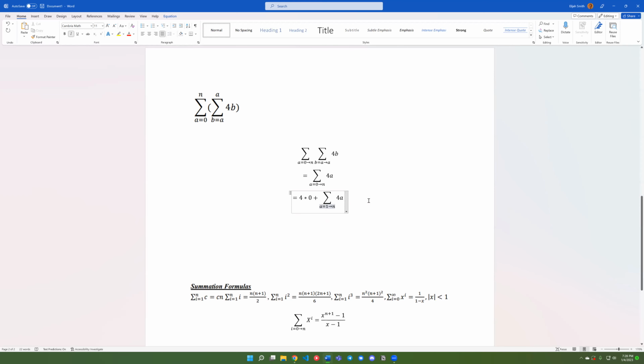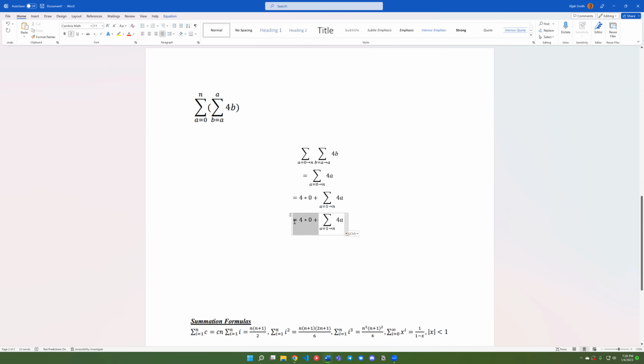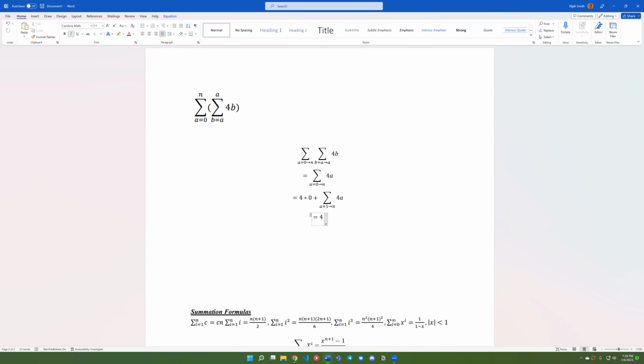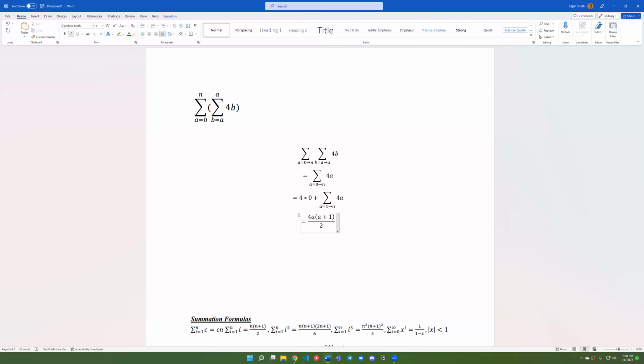So in our next line here, this in front gets taken out. I'm going to take the 4 and put it in front since it's just a constant. And then we go ahead and use our summation formula here: n times n plus 1 divided by 2. And this simplifies pretty easily. This becomes 2n squared plus 2n.